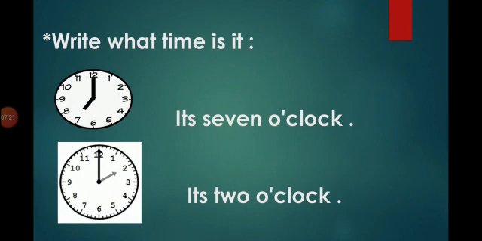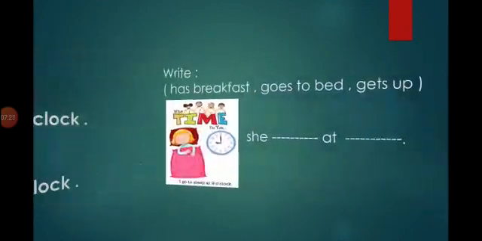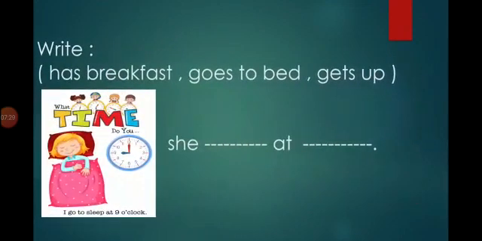Let's move to another clock. Here, what's the time? The time here is exactly two o'clock. That means it's 2 o'clock. So here we want to write has breakfast, goes to bed, and gets up. Look at this picture. She goes to bed at what?